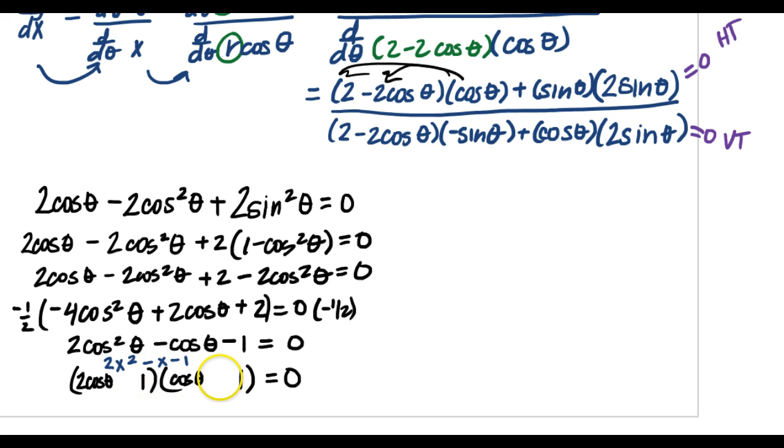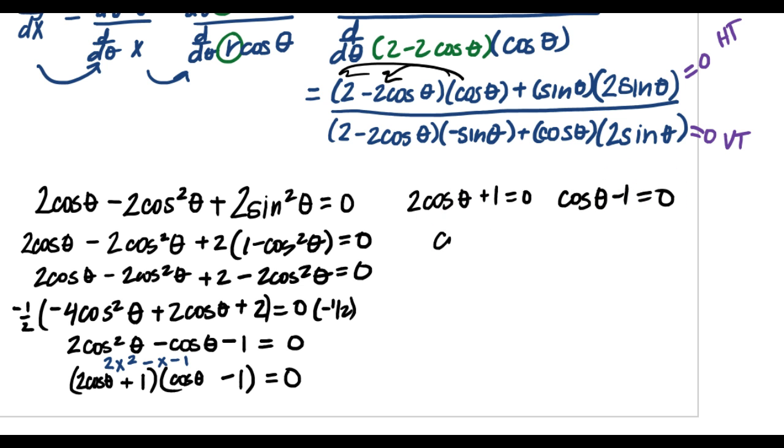So that means we're going to need the negative to correspond to the 2 cosine on the outside, and the plus to go with the cosine on the inside. So if we were to distribute this, we would get 2 cosine squared minus 2 cosine plus 1 cosine. So we'd get a minus cosine and then a minus 1. So now that these are being multiplied and equal 0, I set each part equal to 0. So 2 cosine theta plus 1 equals 0, and then cosine theta minus 1 equals 0.